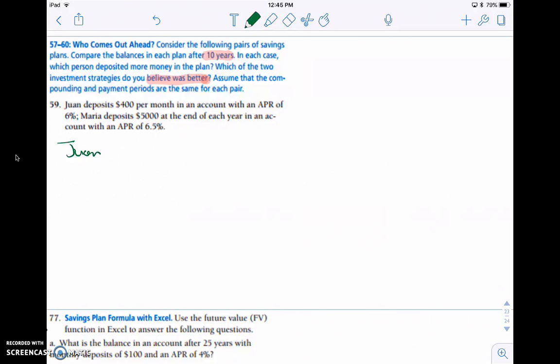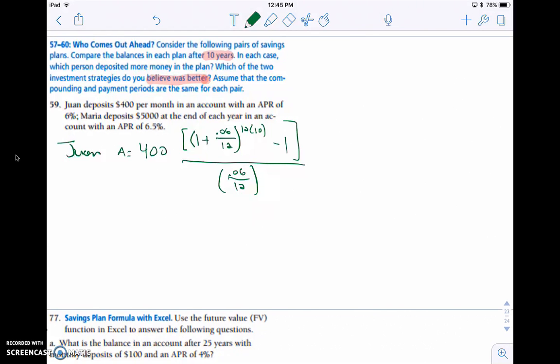So we have Juan, who deposits $400 per month in an account with an APR of 6%. So he's using a savings plan. So the amount for Juan is going to be $400 times 1 plus our APR over 12, because he's doing it monthly, raised to the 12 times 10 power, because monthly payments for 10 years, and then subtract 1, and we're dividing all of this by our APR over the number of payments made per year.